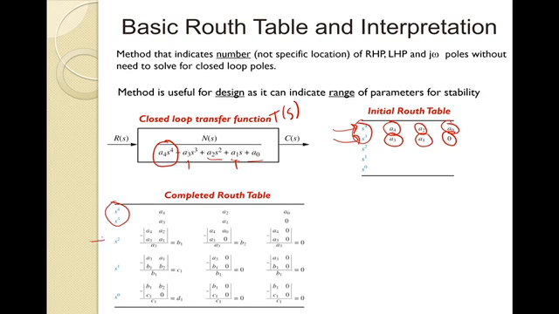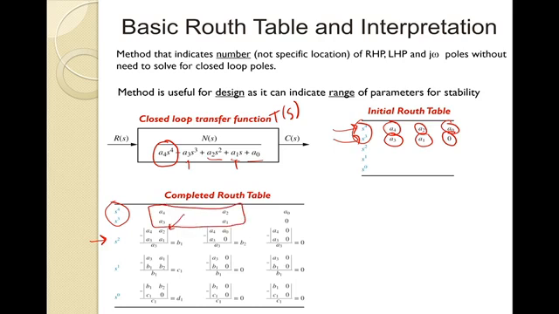So let's focus first on s^2. For s^2, you'll see a calculation there. The calculation is negative times what we'll call the determinant, divided by A3. Notice that determinant is just right there, substituted in.